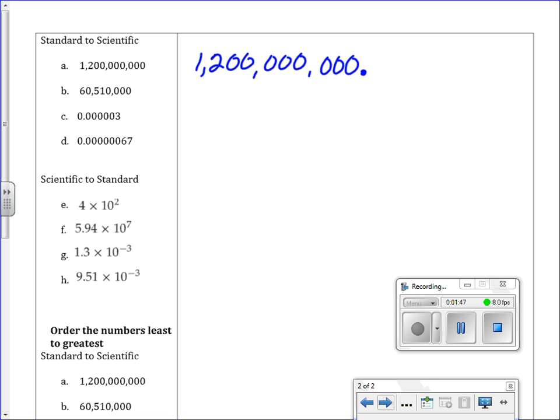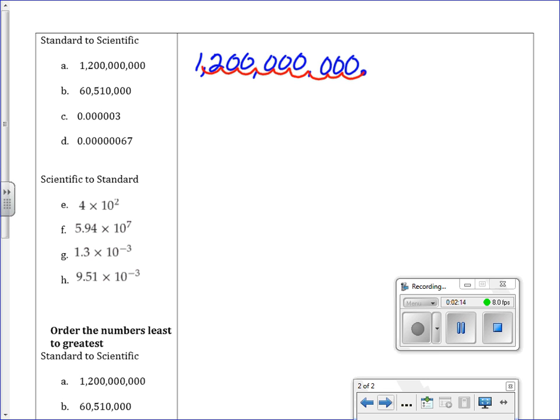So now I want to move that decimal until I figure out a number that's 1 or less than 9. So I'm going to move it 1, and I want to count 2, 3, 4, 5, 6, 7, 8, 9 places.